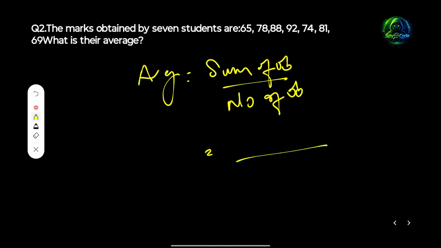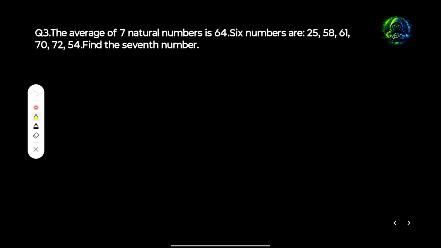When we add all the numbers from 65, 78, 88 till 69, we get a sum of 547. The total number of observations is 7. Upon solving this, we get the answer 78.14. This is the average for this question.